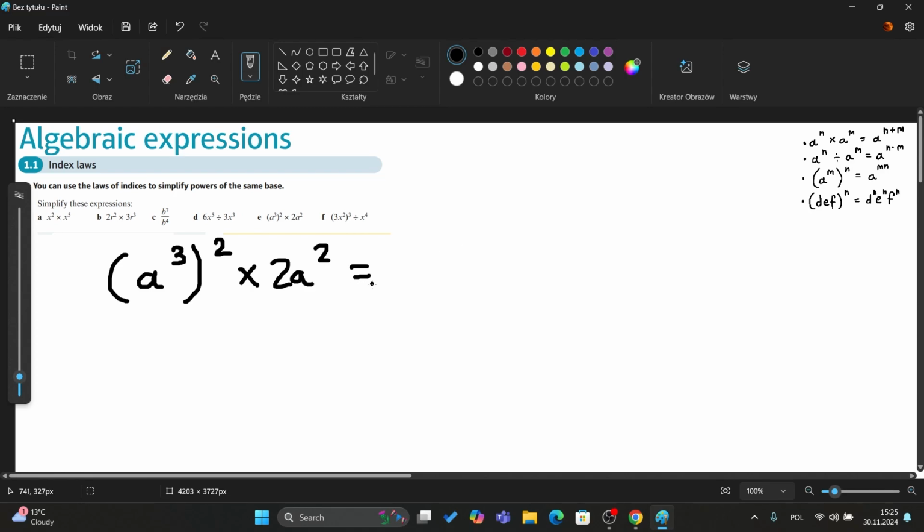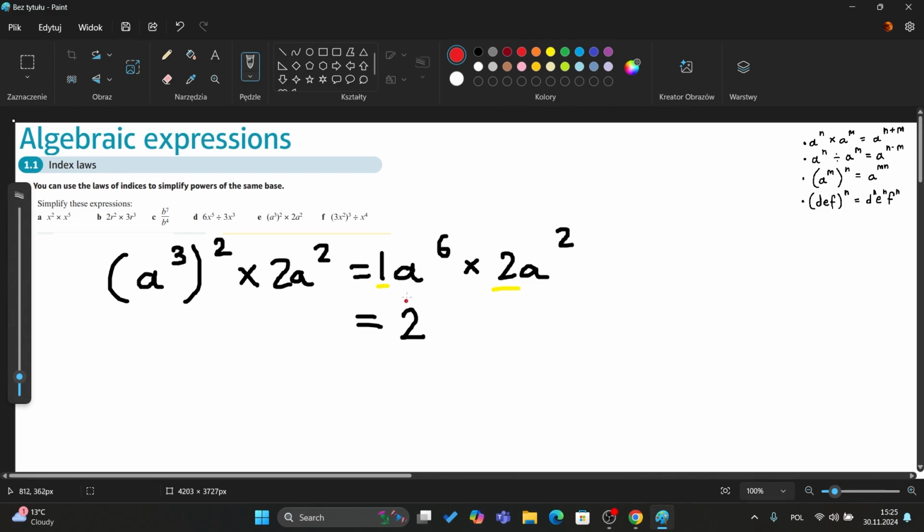So we work out the brackets first, which is the third rule here, and that means we multiply the powers to get a power 6 multiplied by 2a squared. Now we multiply the normal numbers, so there's a 1 in front of a, it's 1a to the power 6, and we multiply 1 and 2 to get 2.